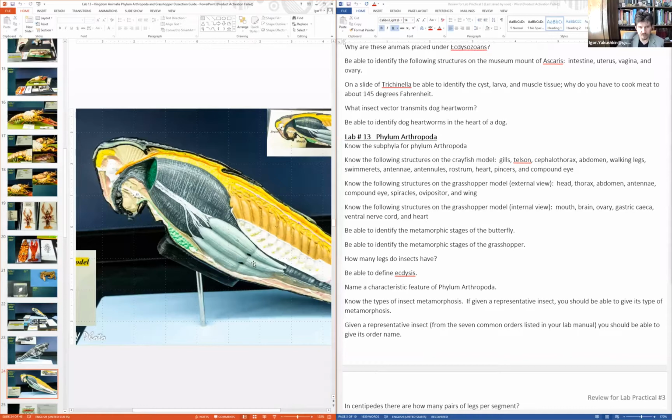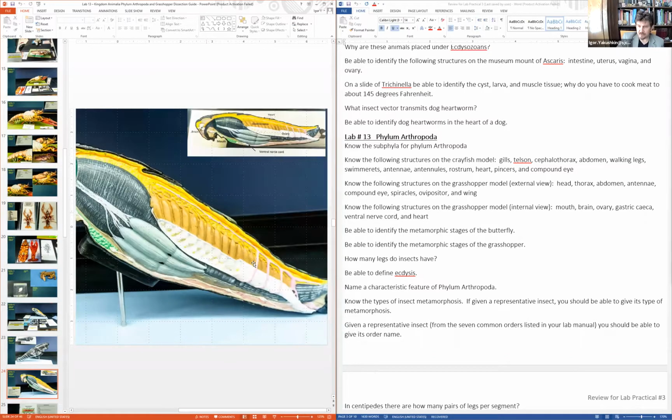That would be the ovaries with the eggs. So what do we need to see? Mouth, brain, ovary, gastric ceca, ventral nerve cord, heart. Here we're looking at the orange blood vessel and the thickening of the blood vessel walls. That's the pulsating walls and that's the heart.